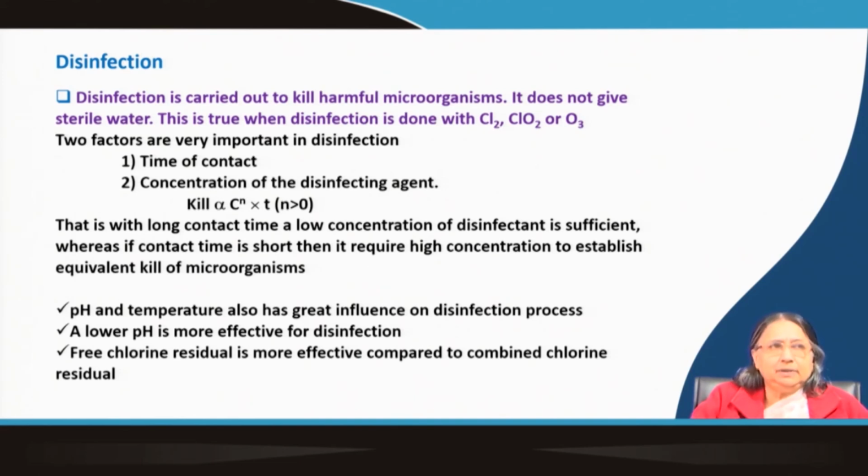I already explained, but combined residual is required for transport, you know, because it can protect the water, since during transport there may be some contamination. So, that combined chlorine residual can take care of it.